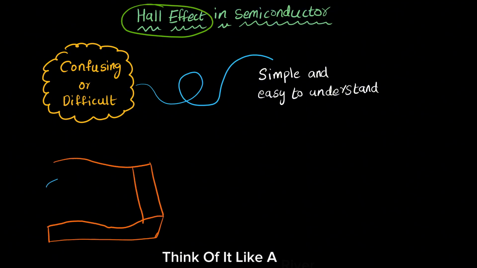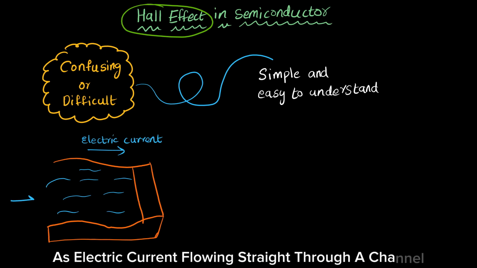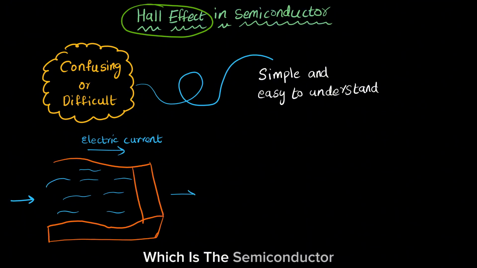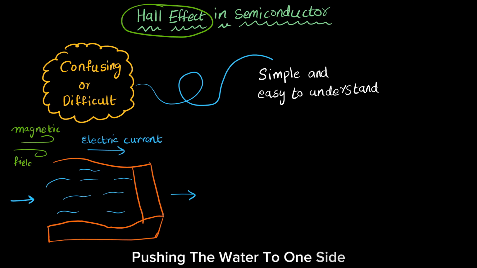Think of it like a river as electric current flowing straight through a channel, which is the semiconductor. Now, imagine a strong wind, which is the magnetic field, blowing across the river, pushing the water to one side.